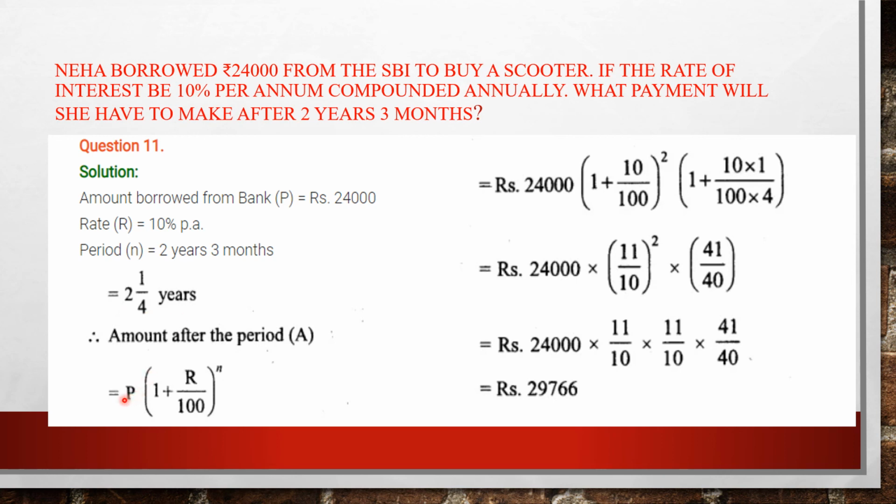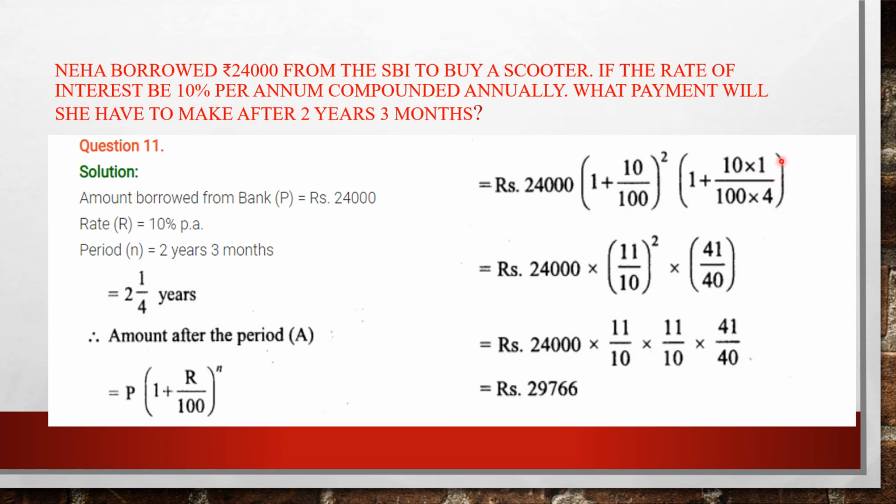So the formula is amount equal to P into 1 plus R by 100, the whole power n. The principal amount is 24,000 into 1 plus rate of interest 10 by 100, power number of years, which is 2, into, since it is the continuous year, the 3 months can be written as 1 by 4, so 1 plus 10 divided by 100 power 1 by 4.